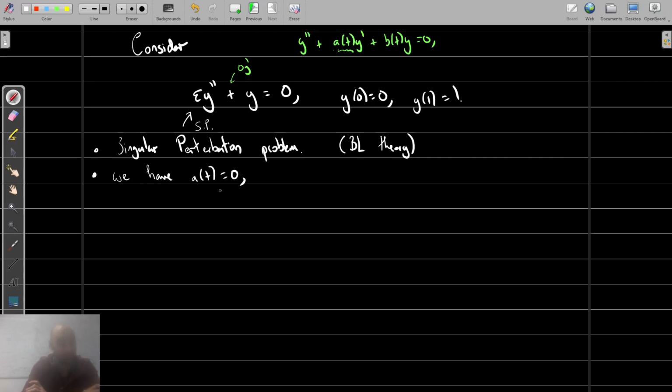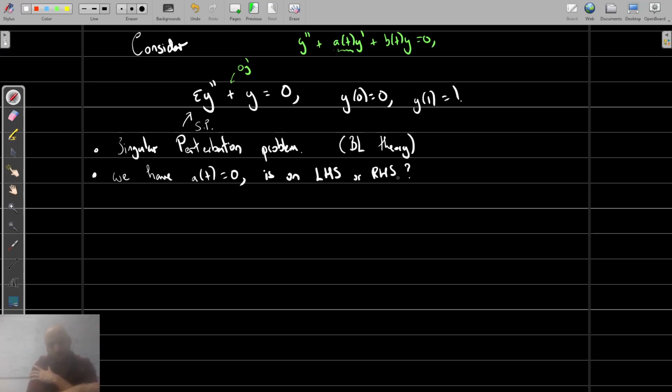If it's negative, it's on the right hand side. But if it's 0, we normally say it's an internal boundary layer if that happens at a point. But this is happening everywhere. Everywhere we're having a of t as 0. So right now, this is confusing. Is it on the left hand side or right hand side?